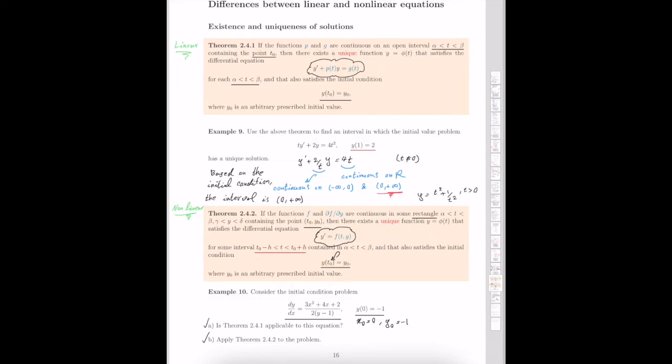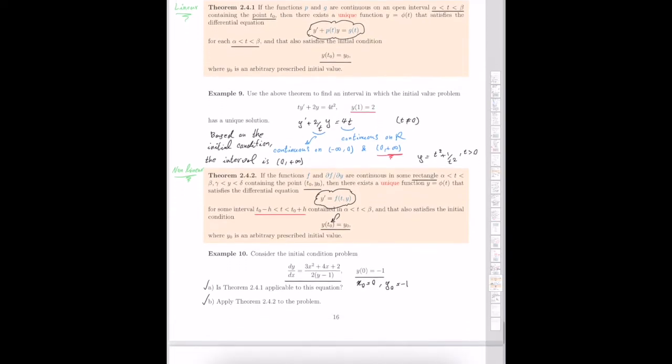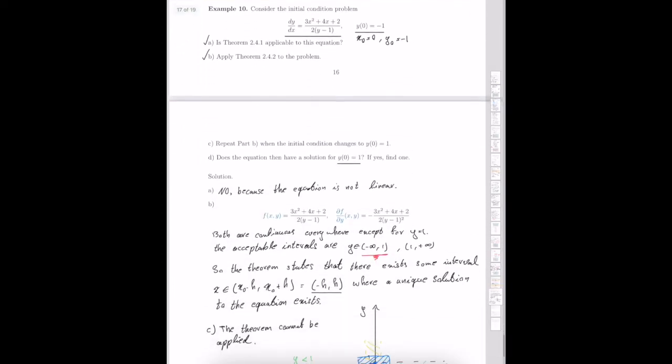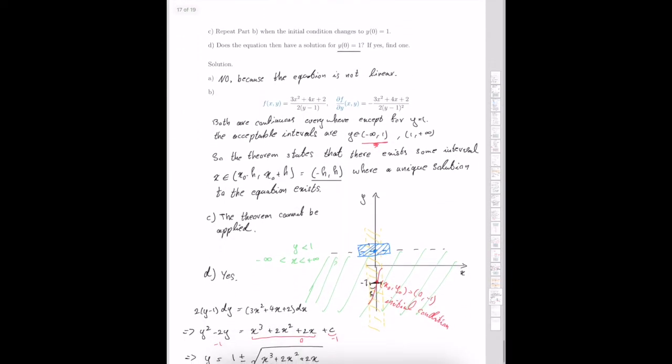It helps to determine the whole interval where the solution exists and is unique, whereas the second one just says there is some interval where the solution exists and is unique, and it doesn't say how big that interval is. It just says it exists.